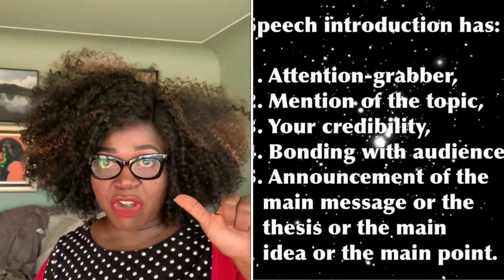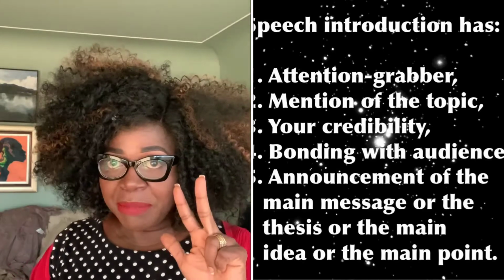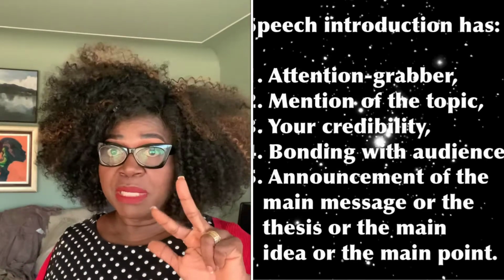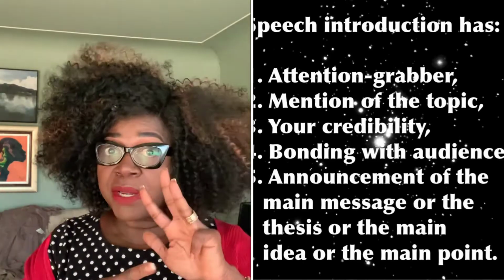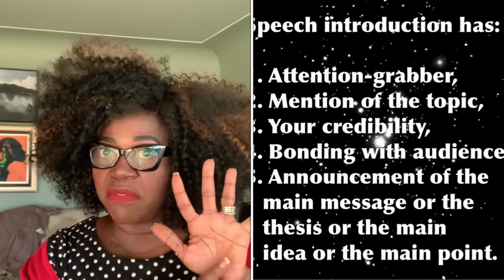However, the 5 parts are the attention grabber, the mention of the topic, mentioning your credibility, bonding with the audience, and the announcement of the thesis. The attention grabber has to be first, because that's the first thing you have to do, grab the audience's attention.